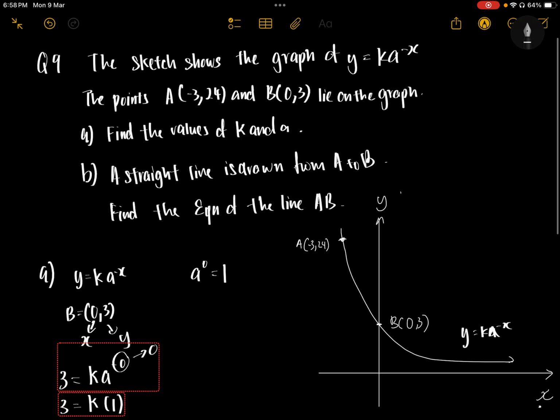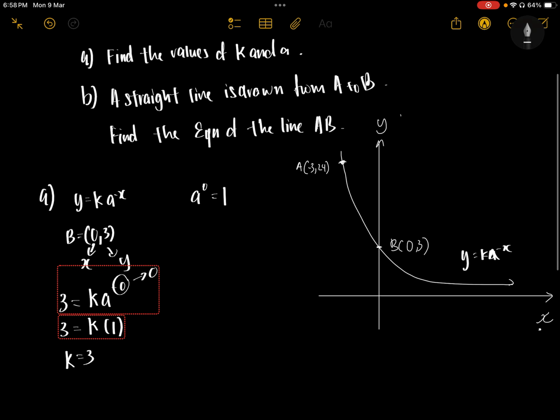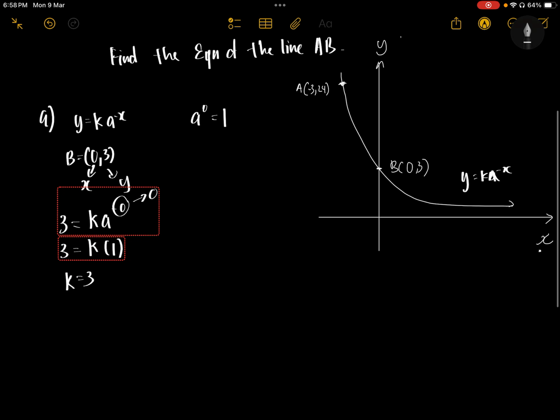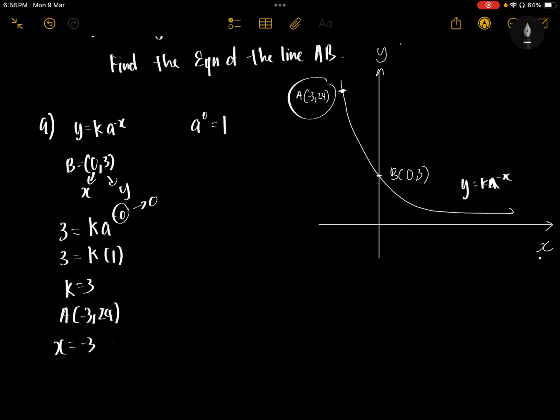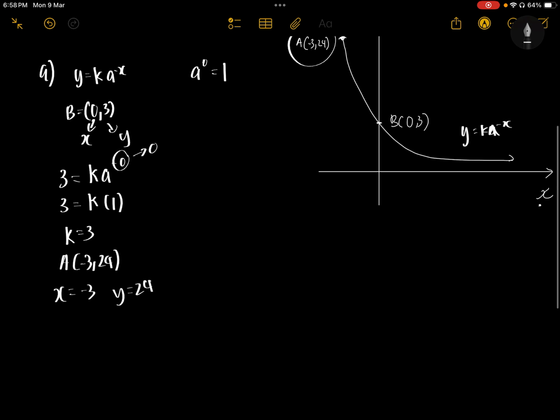Moving on, let's go on to find our a. Now that we have k equals 3, we are only left with one unknown variable, which is a. So now let's use point A, (negative 3, 24). Again, your x equals negative 3, your y equals 24.